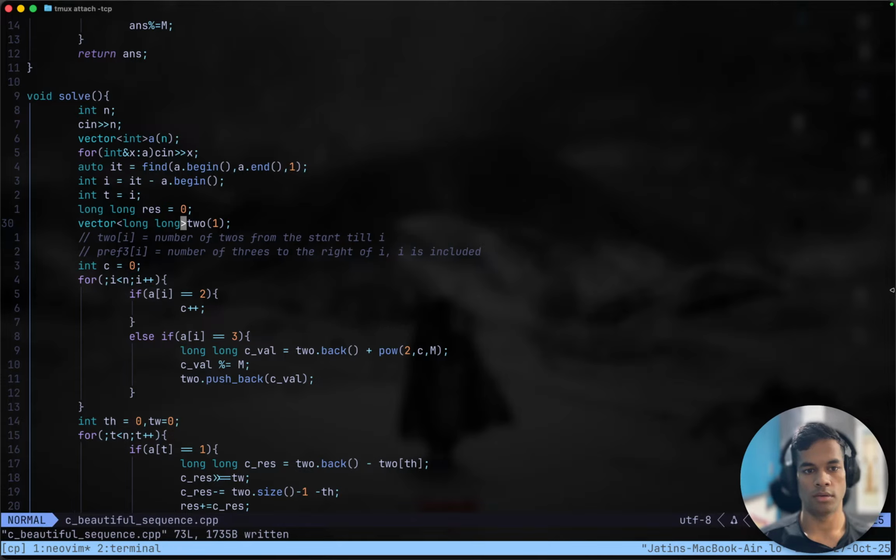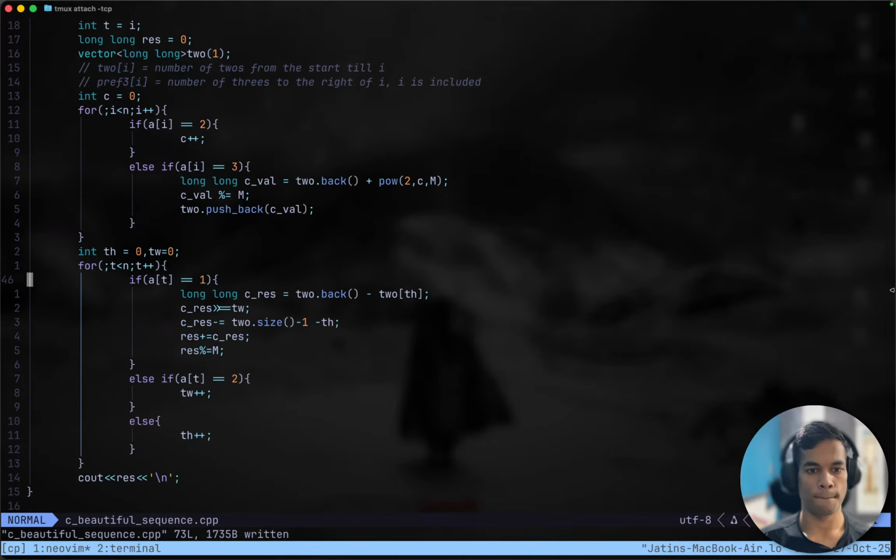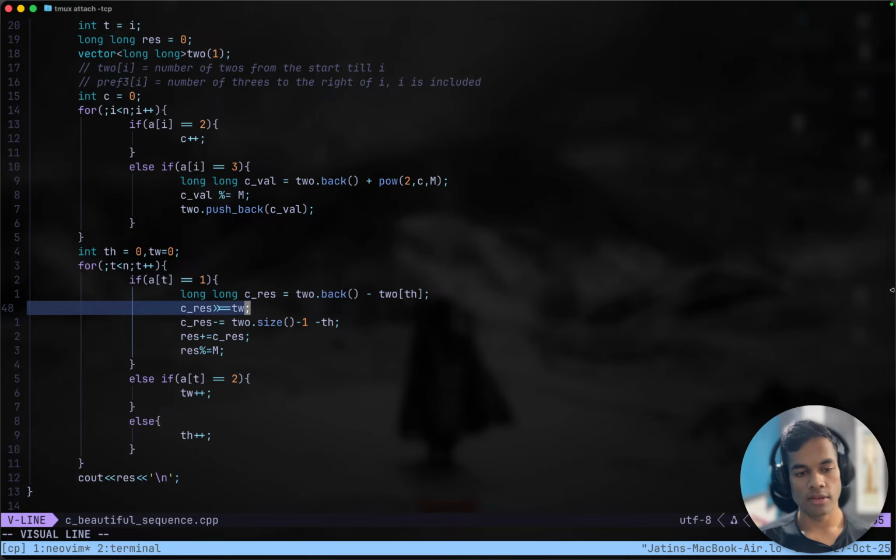Long makes sense. So these two values are long. That is nice. tw, yes. Right shift by tw amount makes sense. Yes.